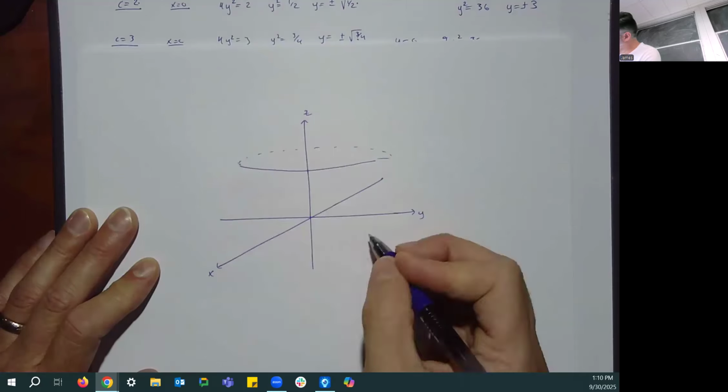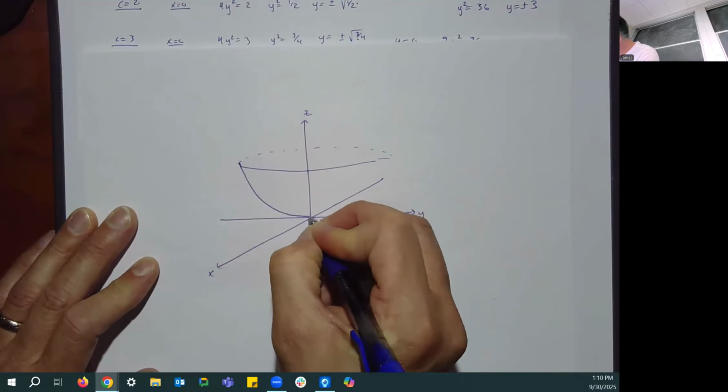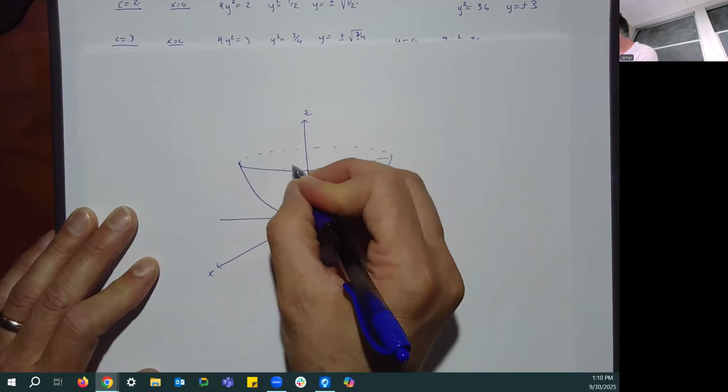And then here's my y direction parabola and parallel to the x-axis.